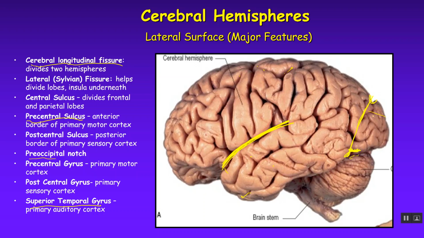Okay, so that's how we define the occipital lobe. Then if we take this lateral sylvian fissure and extend it all the way over to that line, and then we take our central sulcus and extend it down, now that's how we divide our brain into its four primary lobes, okay?